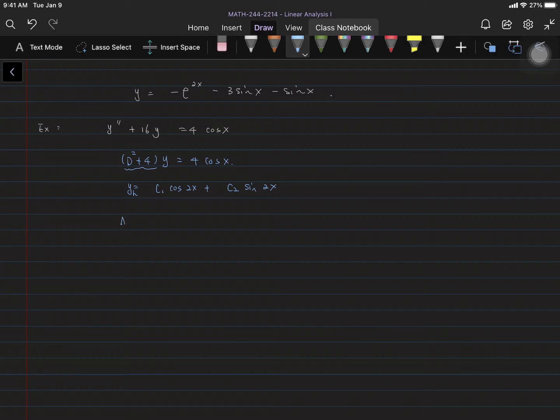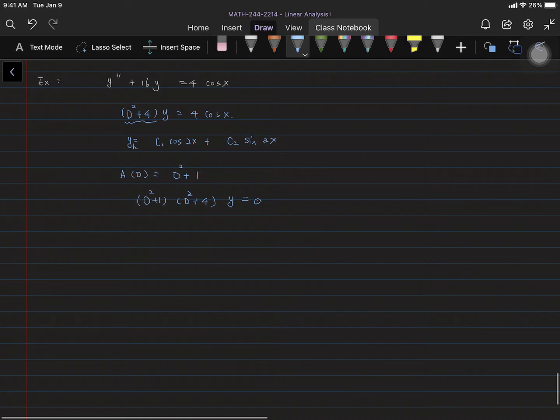Next, find annihilator to the right side, which is d squared plus 1, because a equals 0, b equals 1. And then we times this to both sides of the equation. Y equals 0. Then we find the general solution to this one.